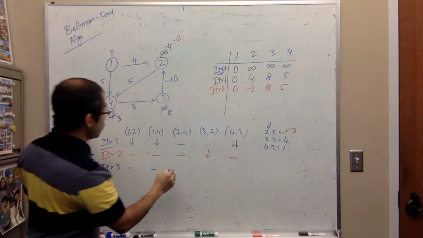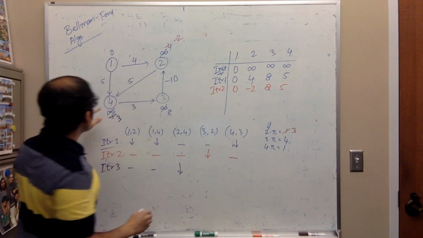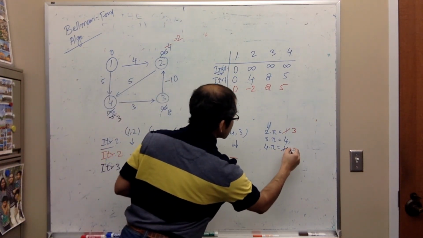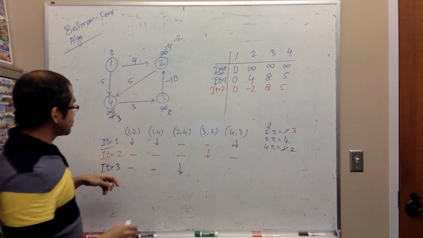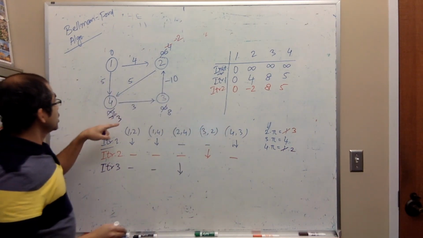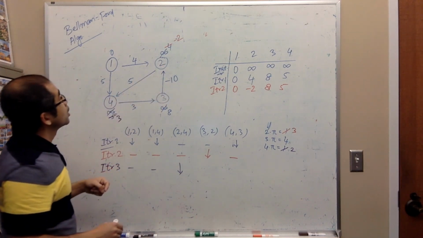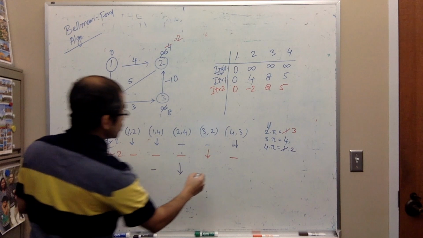Now 4's new distance estimate is 2. And 3 to 2 is 8 minus 10, minus 2. It remains the same, so no change.